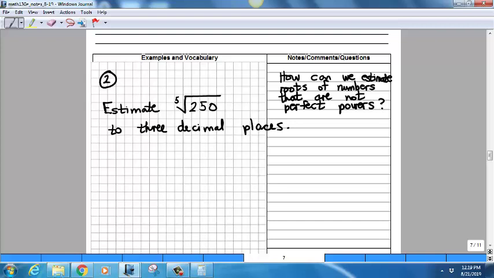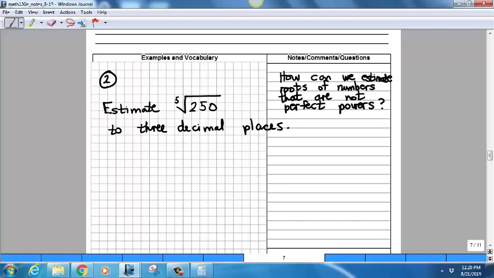That's really awkward, because we're not used to calculating fifth roots very often. And 250 is not a perfect fifth power, so this is not going to come out as a whole number. So if we wanted to estimate that, what could we do?